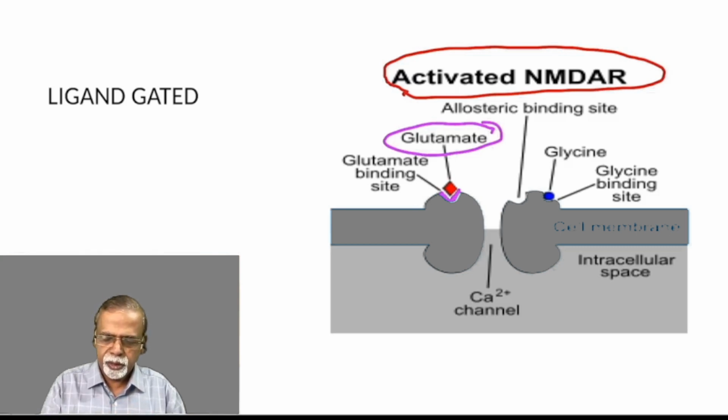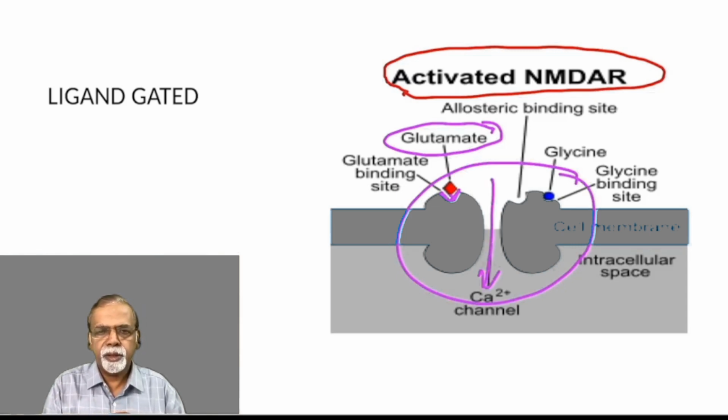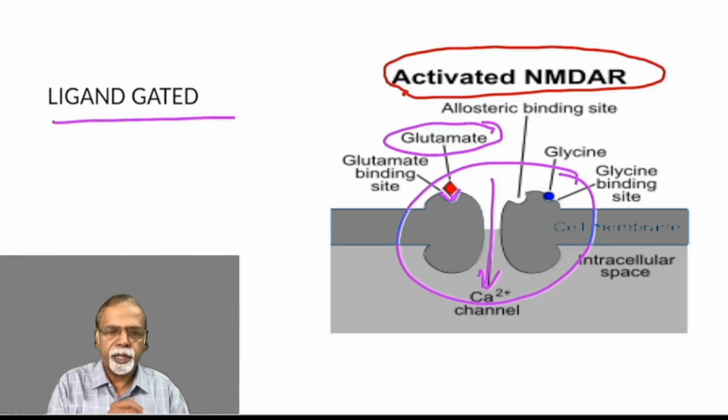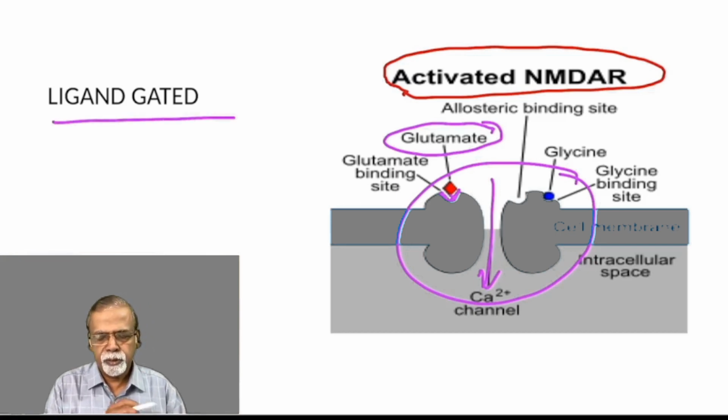When glutamate gets attached to this receptor, the channel gets activated and there is entry of calcium. So this is an example of a ligand gated channel. What is a ligand gated channel? It is either a hormone or a neurotransmitter like glutamate or acetylcholine that attaches to the channel and it gets open. Hope this is clear to you.